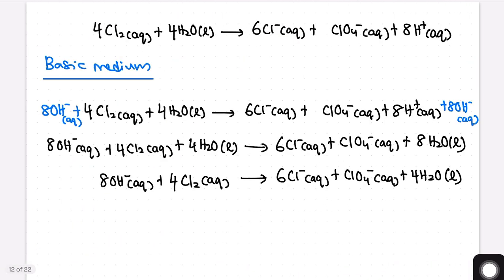Now the question wants us to do a basic medium, so we continue by adding an equal number of OH minus to the H plus ions, both on the right hand side as well as on the left hand side. And the next step is just to beautify the equation, I say. Okay, merge H plus and OH minus together, which results in 8 water.